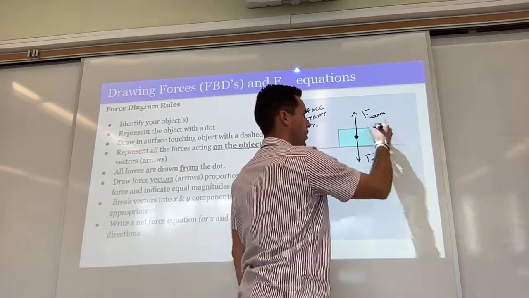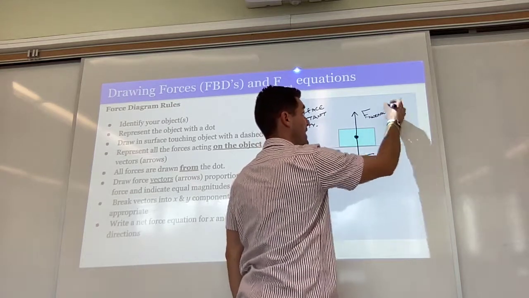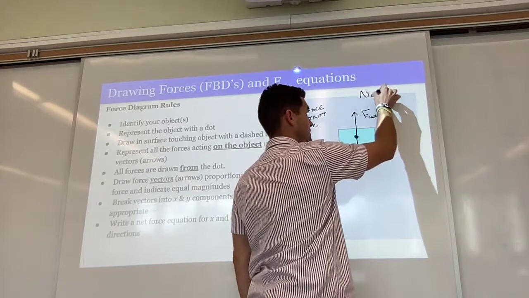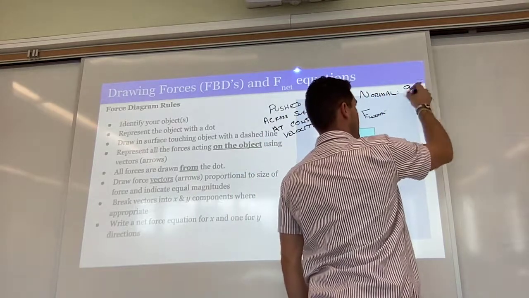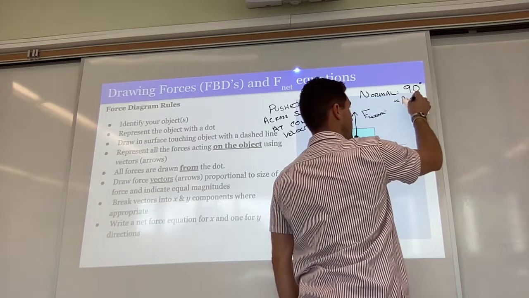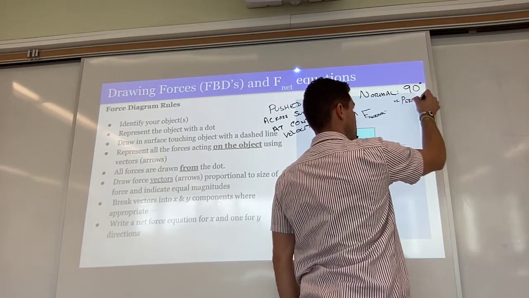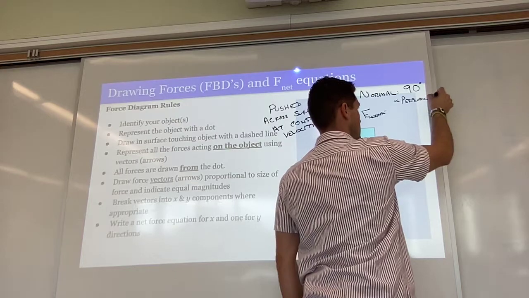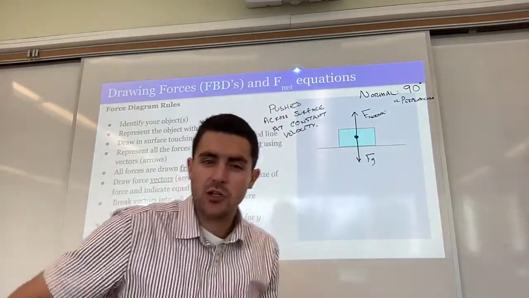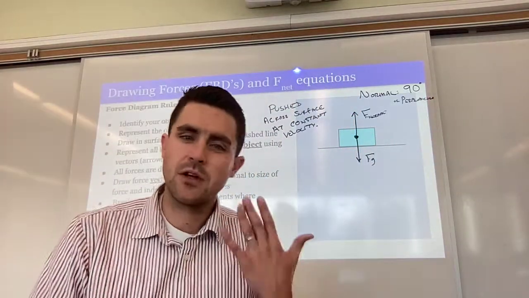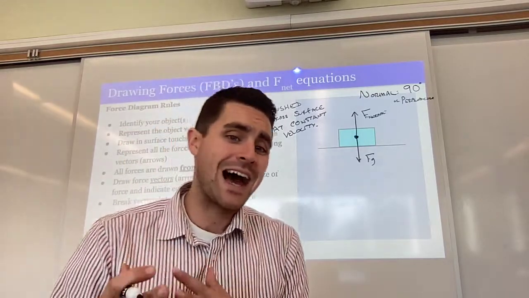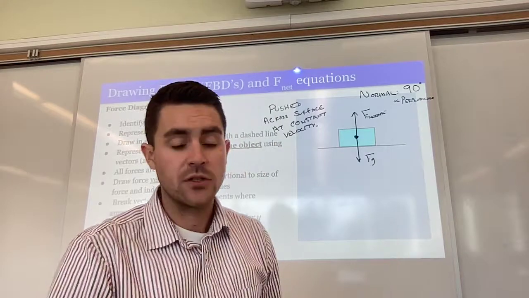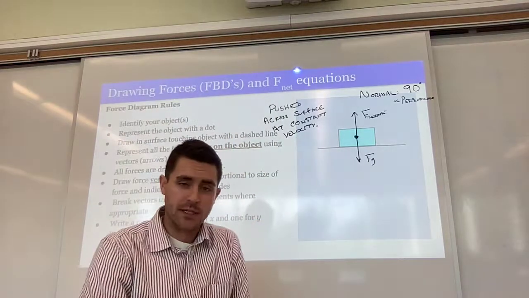And normal is a word that quite literally in mathematics means 90 degrees, or it means perpendicular. So perpendicular to a surface would be a normal force. If there's a surface and an object touches that surface, there's a force on the normal to that surface, normal force. This is what it is.